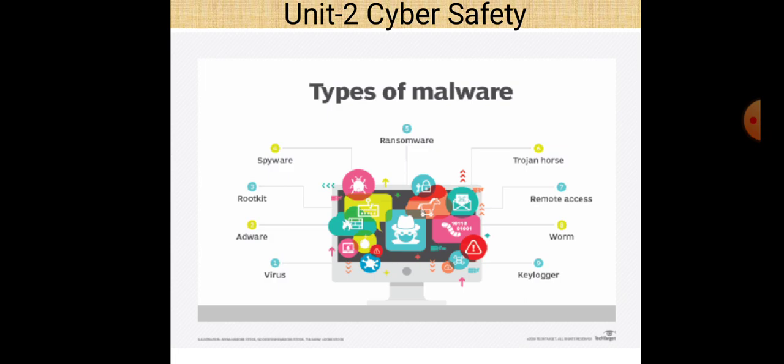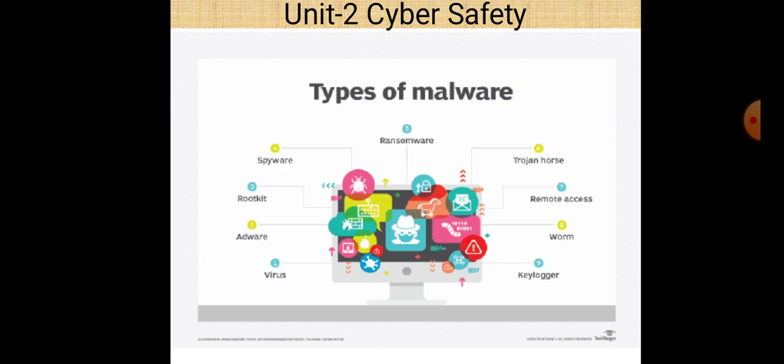Each malware is different from another in terms of its functionality, in terms of damage, or in terms of how they use the sensitive data, whether they delete the data, or they don't delete the data, or they just pass the data to the network, or just use the data for their own purpose. On that basis, different malwares are classified.